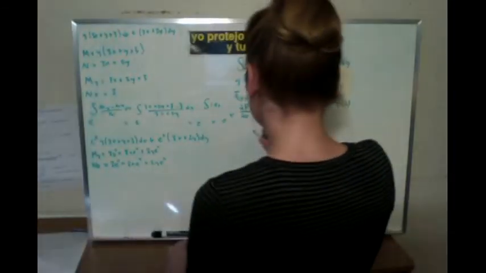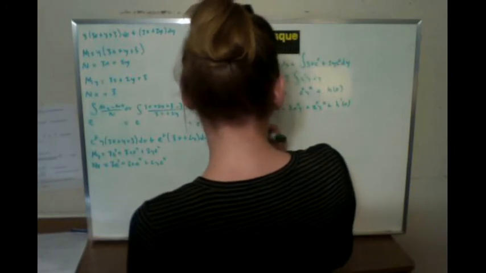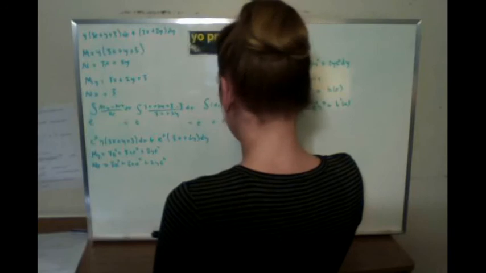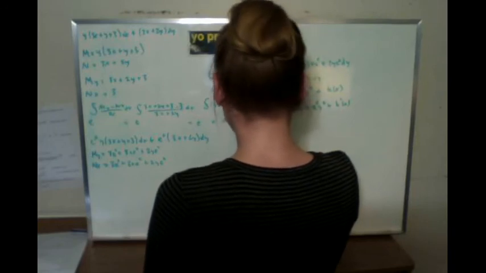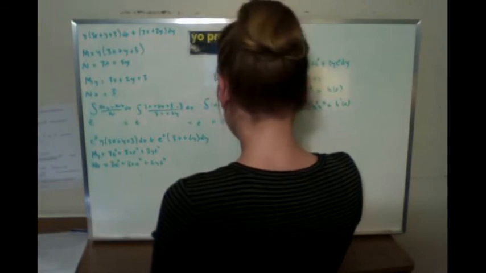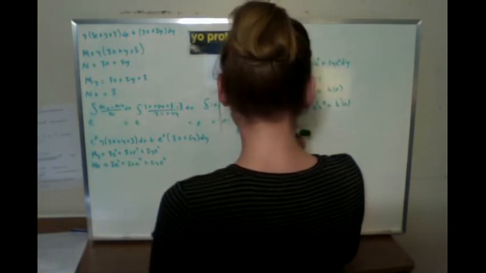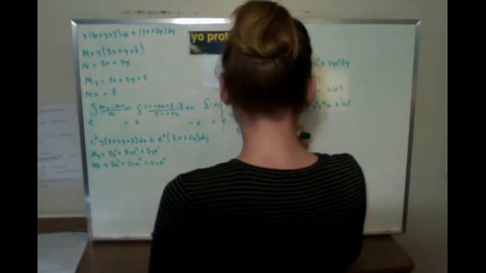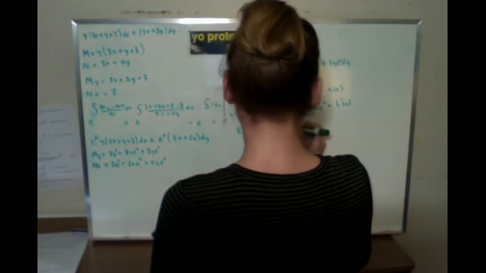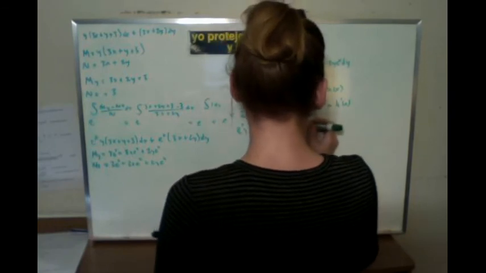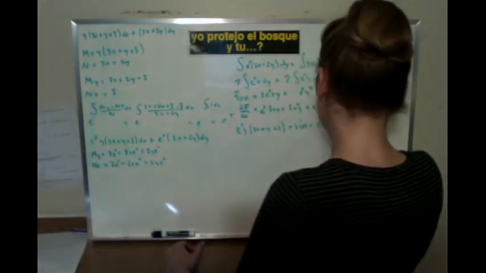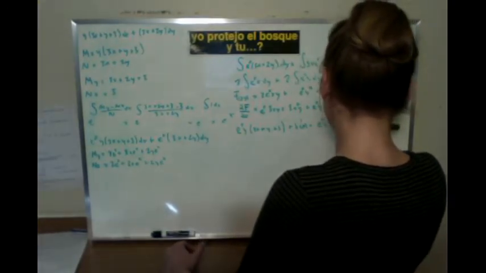This gives us e to the x times y times (3x plus y plus 3) plus h prime of x equals e to the x times y times (3x plus y plus 3).